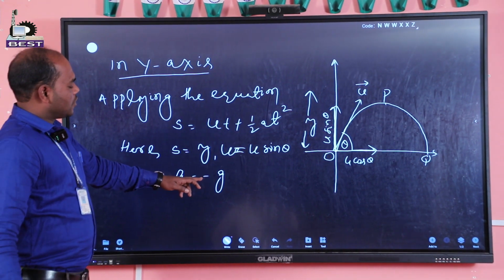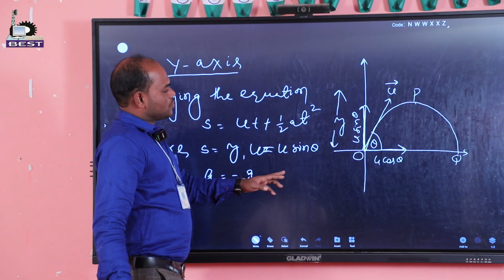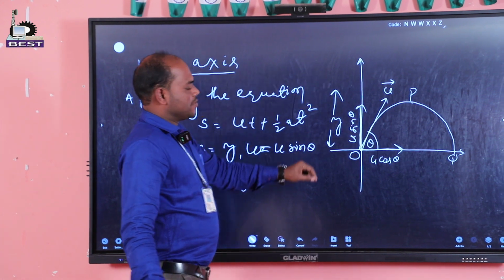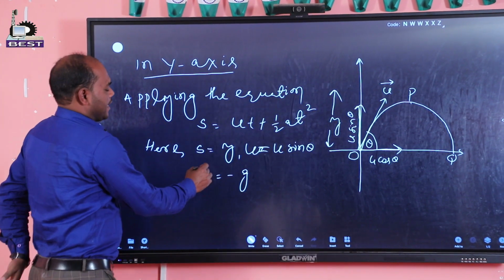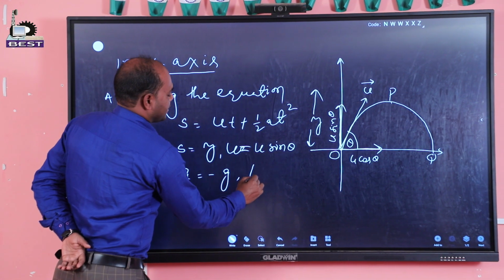The minus sign is due to the opposite direction of the gravitational force. So here a equal to minus g and t equal to t.